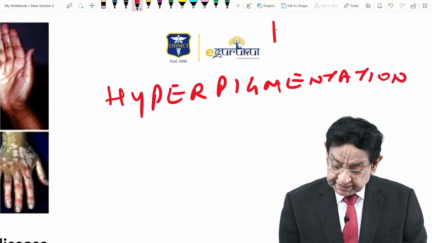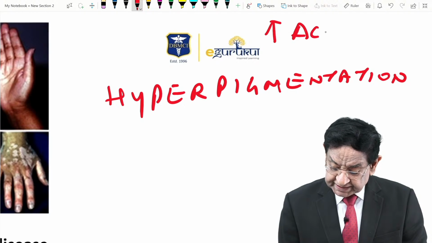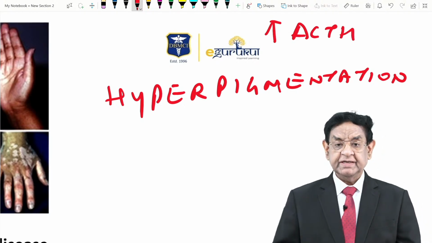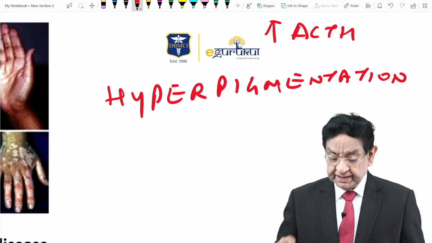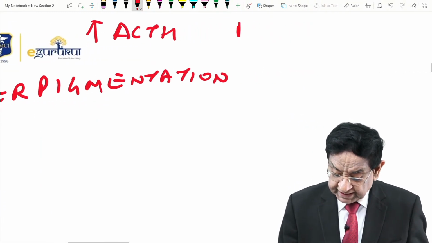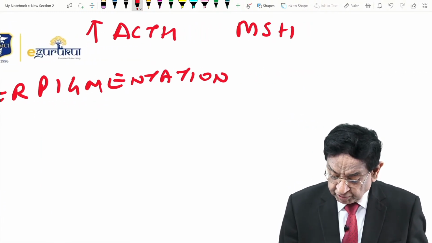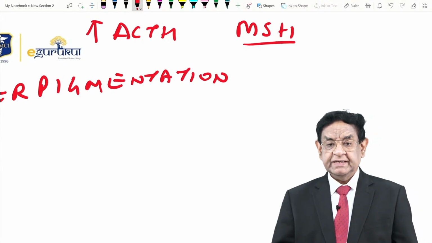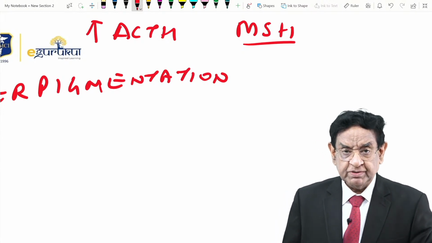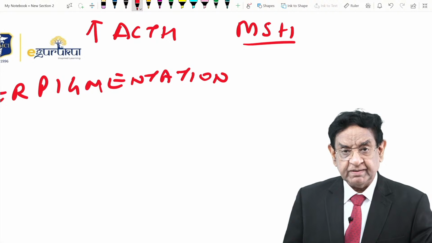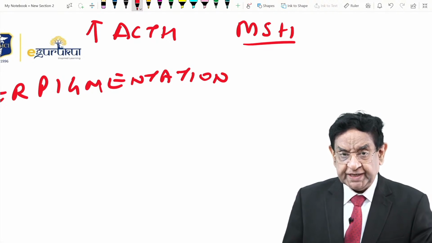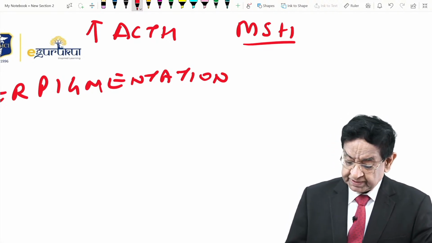This is due to the fact that in Addison disease, ACTH level is increased, and ACTH has MSH-like activity also. ACTH is a hormone which stimulates cortisol secretion.